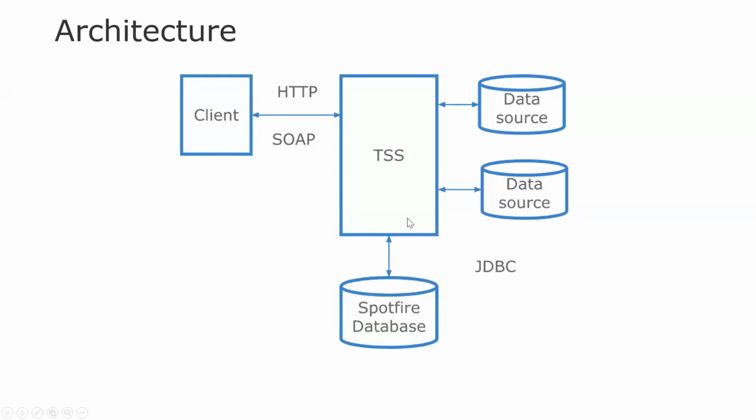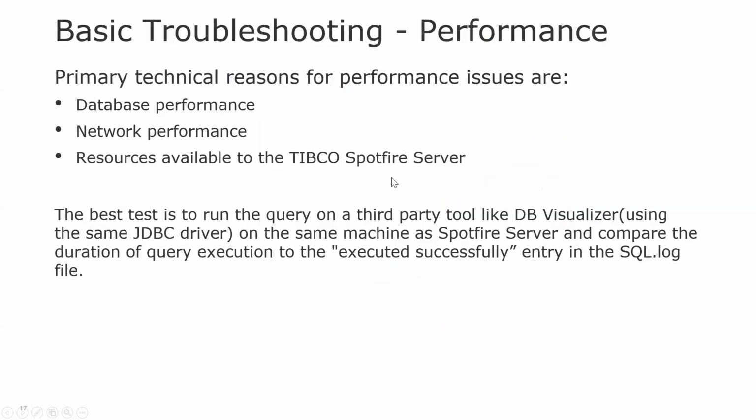It then contacts the data sources through JDBC, fetches the data, does the joins if necessary, and then streams that data back to the Spotfire client. So all of the communication with the data sources is usually handled by the Spotfire server. This is the architecture of the information designer.